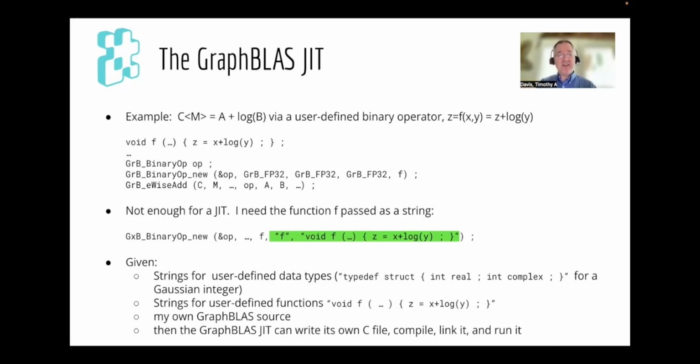If you have a user-defined data type, so here's an example of a Gaussian integer with a real and imaginary part, give me "typedef struct int real, int imaginary" for that. Give me the string for the user-defined function. And also I need my own source code. Where do I find that? If I have all that, then the GraphBLAS JIT can write its own C file, compile it, link it in, and run it.